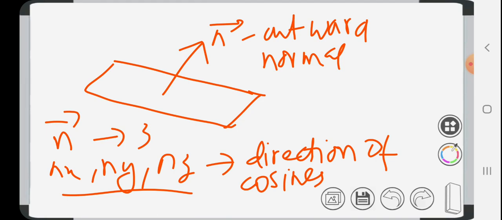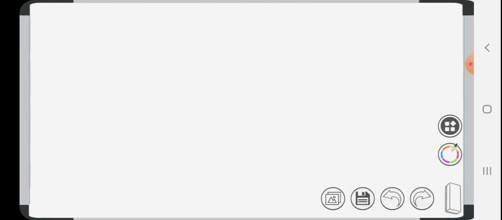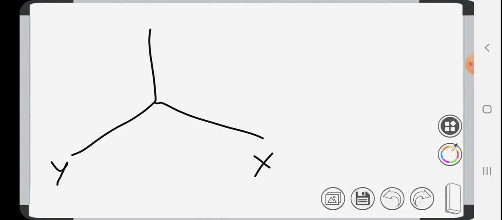So students, I will show you what actually, suppose this is our Cartesian system, x, y, z. Suppose this is the origin, and from this point to this point the n vector, a three-dimensional n vector, is acting in this direction.